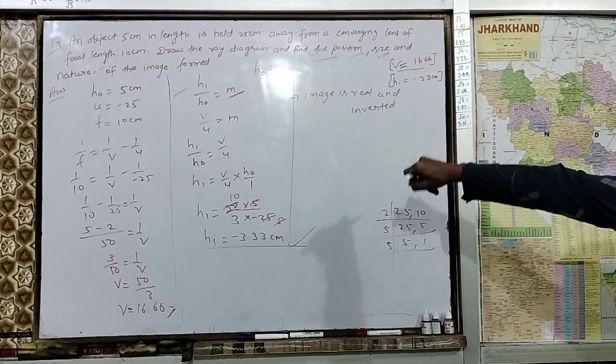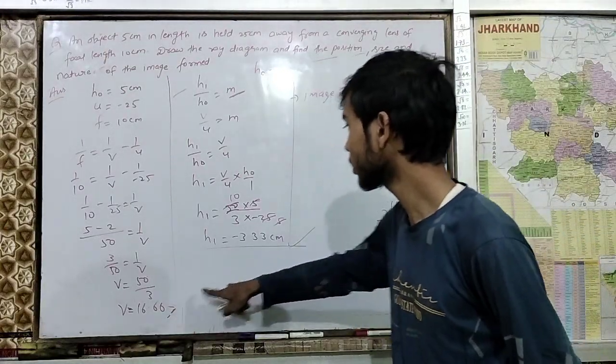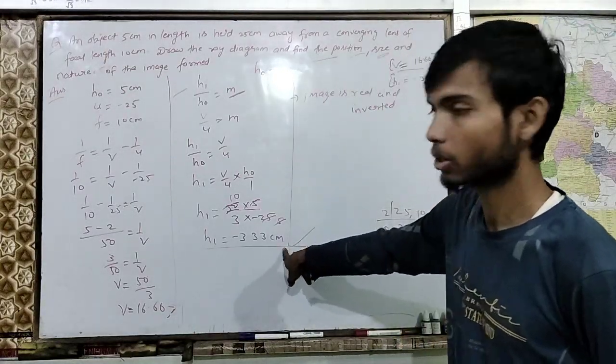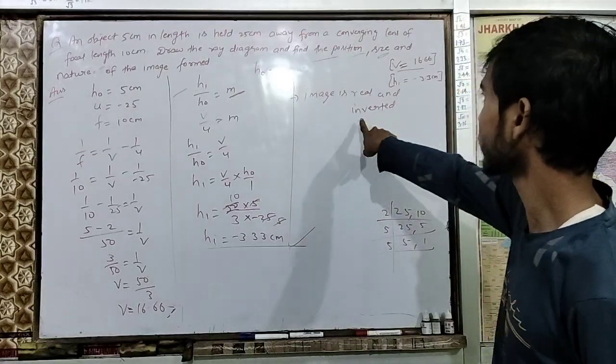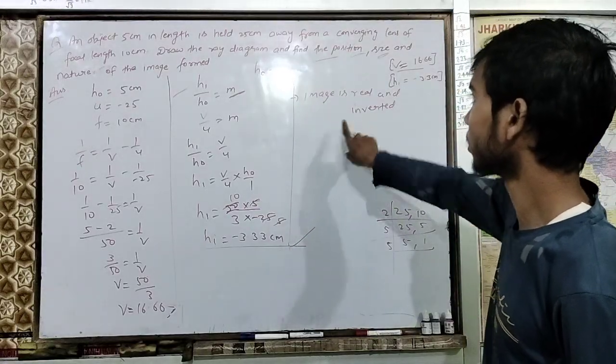So this is the position of the image, this is the size of the image, and this is the nature of the image. Clear?